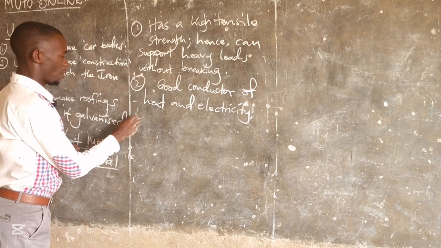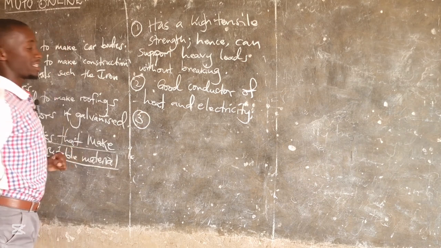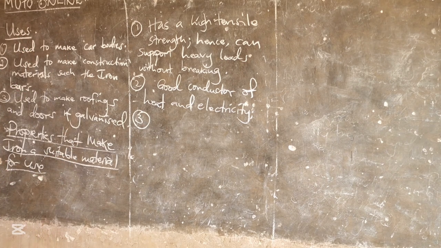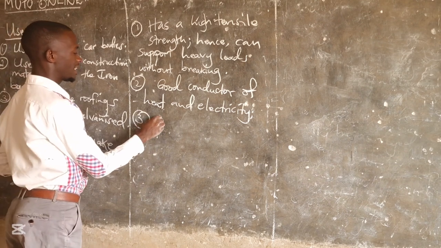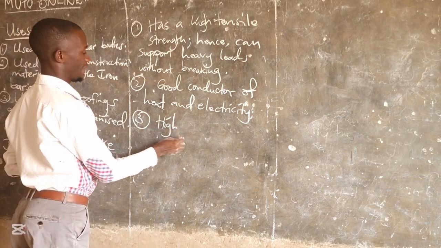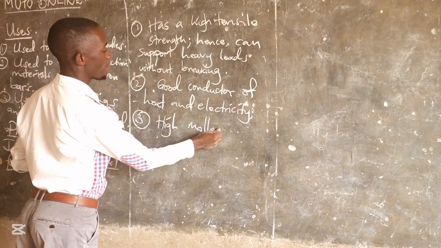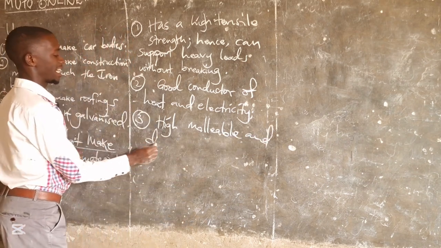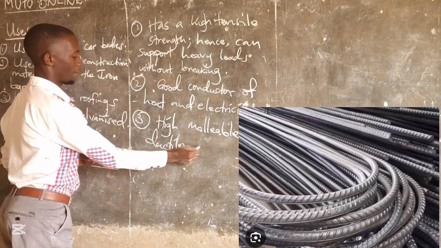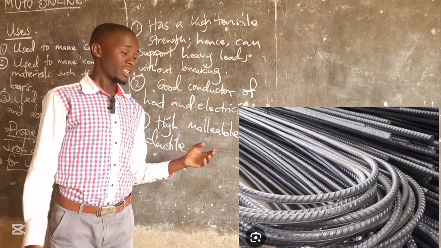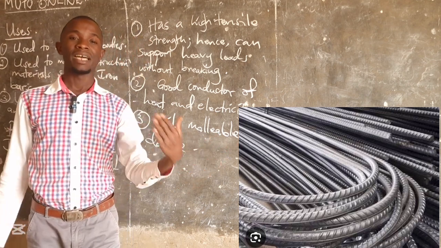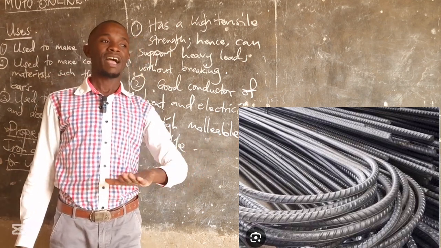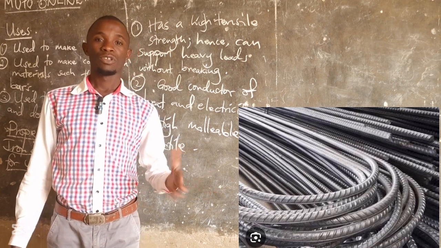We are looking at the properties that make iron a suitable material for use. Iron is highly malleable and ductile. When I say this, I mean iron can easily be hammered into flat surfaces without breaking.